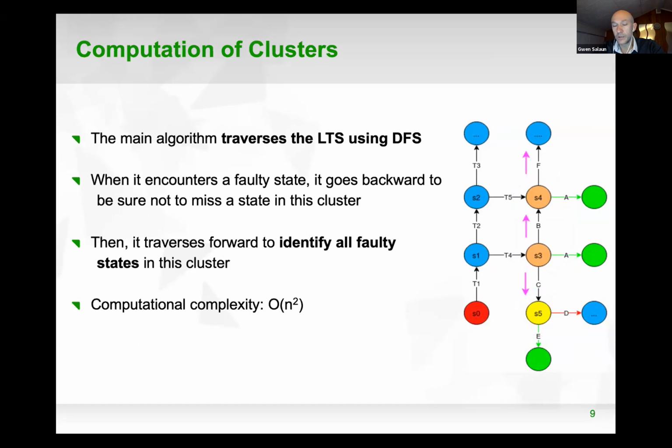When it encounters a faulty state, it goes backwards to be sure not to miss a state in this cluster that would not be reachable from that state. If it does not find such a state, it traverses forward the reachable part of the faulty LTS to identify all faulty states in this cluster.